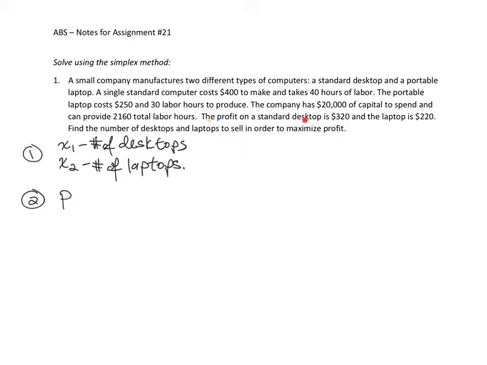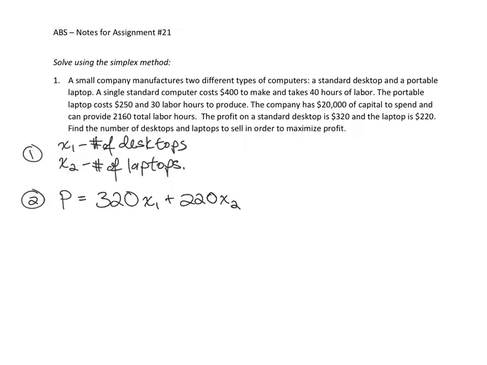The profit for a desktop is 320. So that's going to start the equation. $320 for each desktop. I may have misspoken myself. I apologize. The profit for each laptop is 220. So there is the objective function.